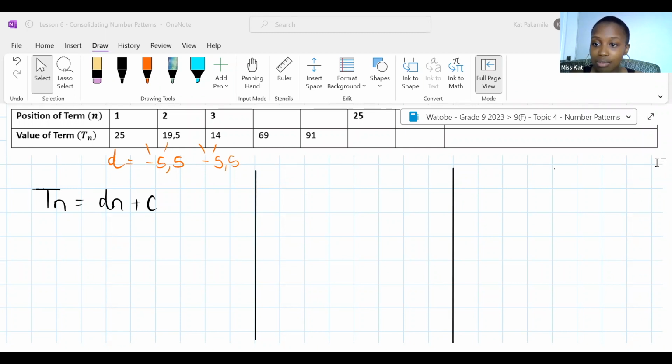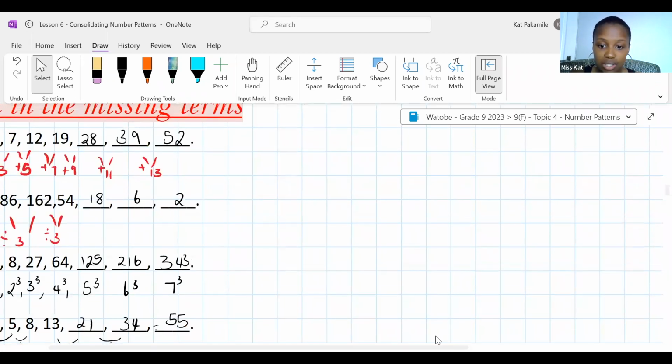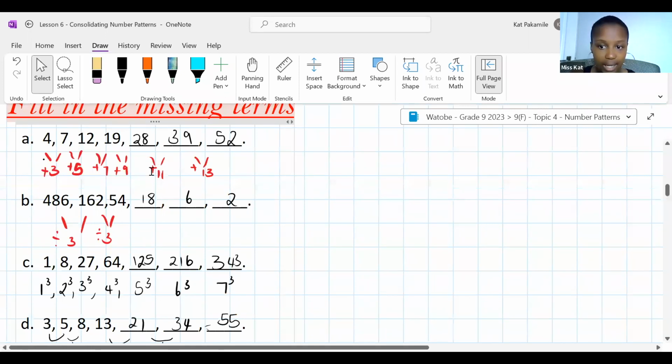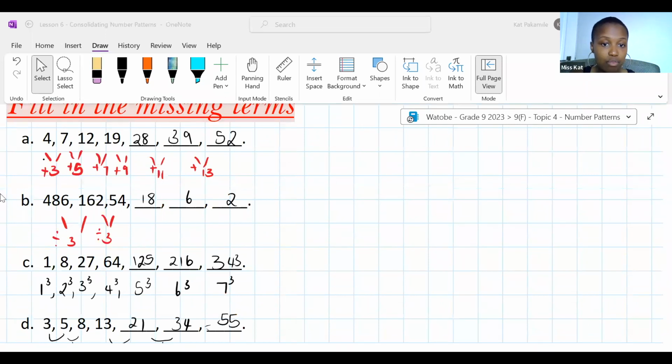But if we go up here to the patterns we just did, okay, number 1, for A we are adding, but we're adding different numbers. So that is not linear, okay? Novoyo? Yes, ma'am. Okay, so number 1, not linear.